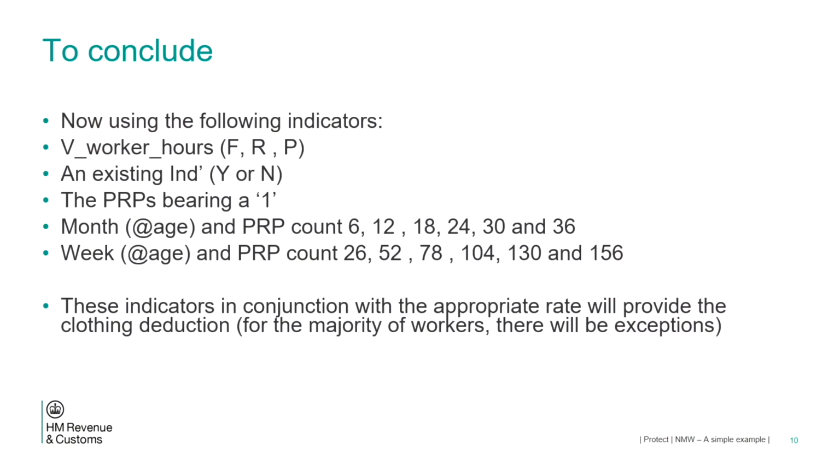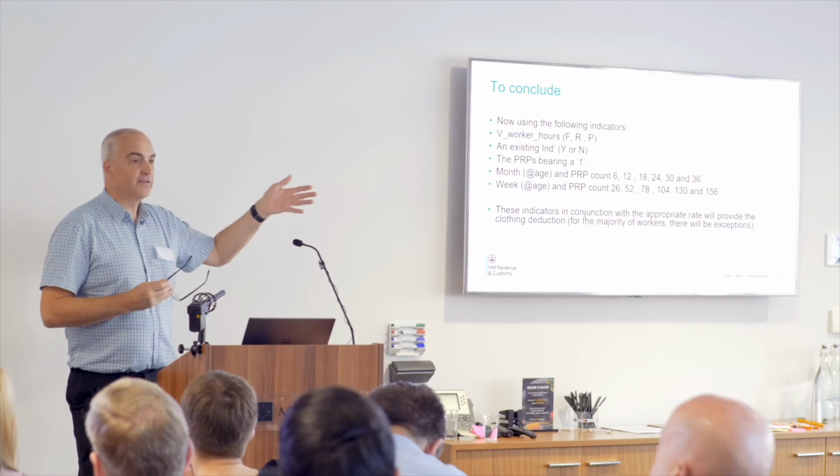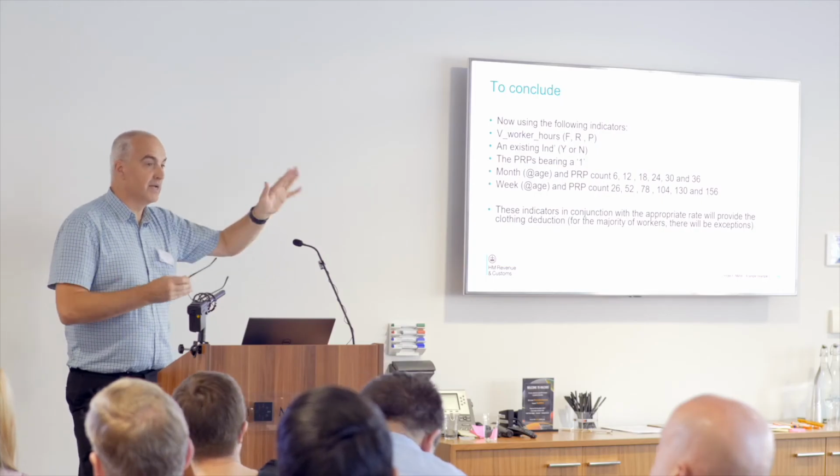So there's a whole bit that's mishing and mashing between all these. I haven't gone through all the equations, perhaps I should have done, but I haven't. But that is a straightforward thing on uniform. Straightforward. And I've got half a dozen indicators which mean one way or the other.